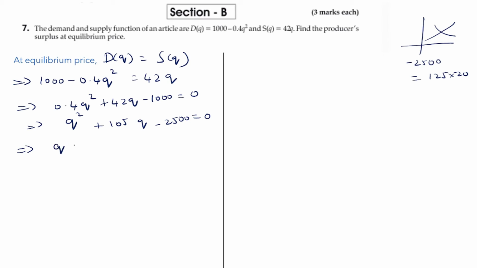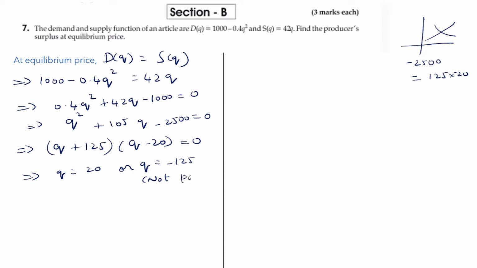So we can factorize this as Q plus 125 into Q minus 20 equal to 0. This implies Q is equal to 20 or Q equal to negative 125. This is not possible, since negative output is not possible. Therefore Q naught is 20.